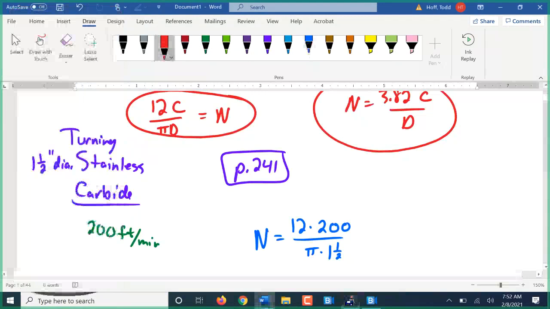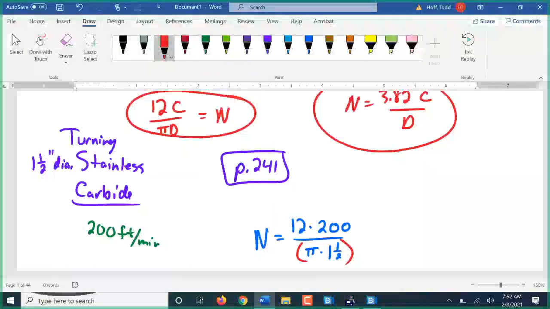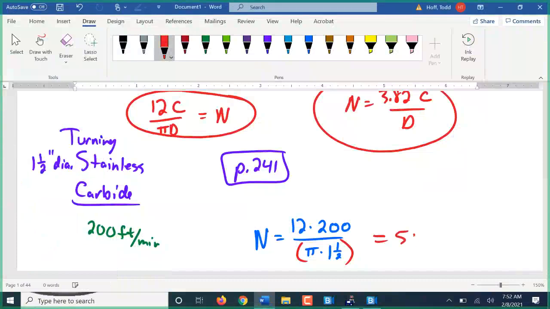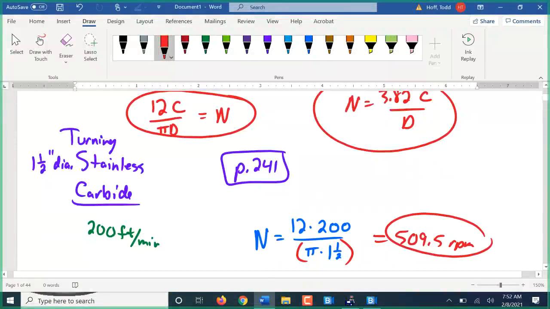The bottom of this has to be in parentheses when you enter it in the calculator, because the fraction bar says you've got to do everything on the bottom before you can divide by it. Put those parentheses to make sure the calculator knows to multiply those first. 509.5 RPM. I'd probably round down to 500 RPM.